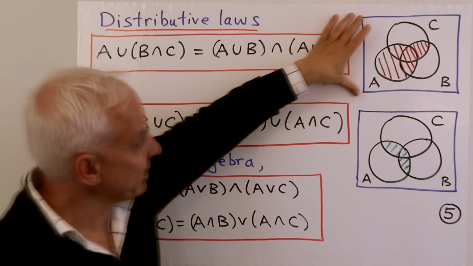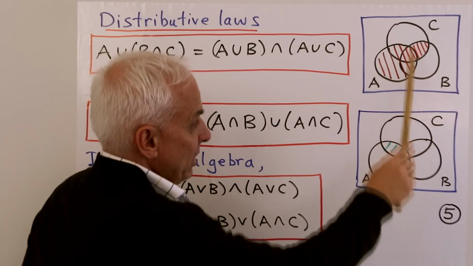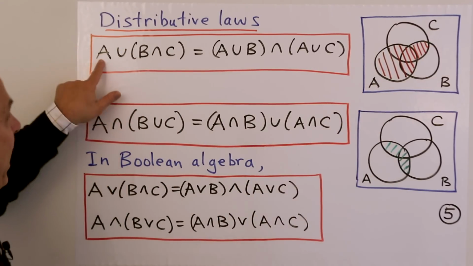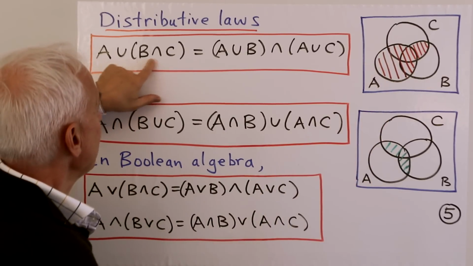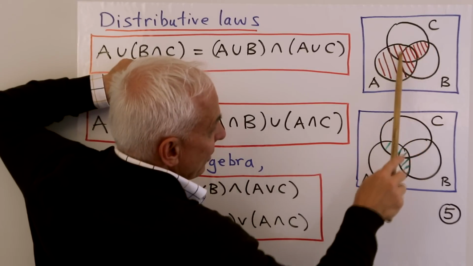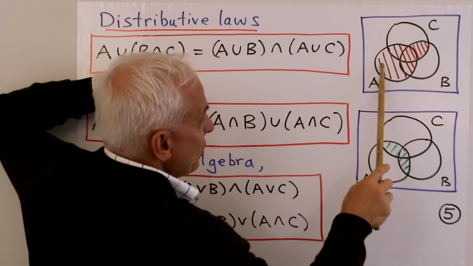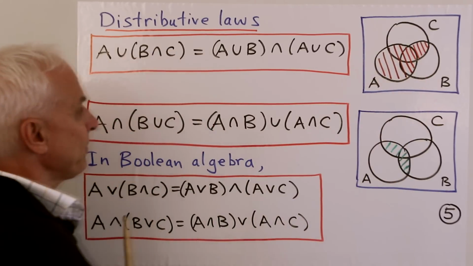Let's illustrate that now with the Venn diagram with three sets, A, B, and C. What we see here is A, that one there, union the intersection of B and C. The intersection of B and C is exactly this wedge here. And so the red here is the union of A with the intersection of B and C.